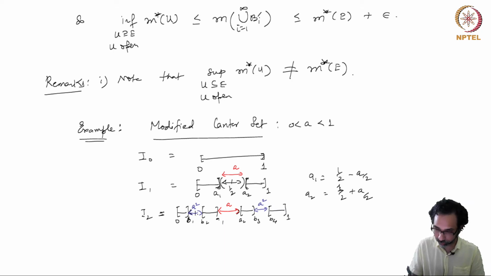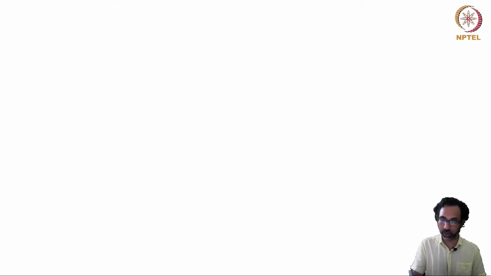So this point here is A1 by 2, and this point here is given by 1 minus A2 by 2. So again we are taking the center point of each of these subintervals and then removing a subinterval of length a squared. So we continue like this.